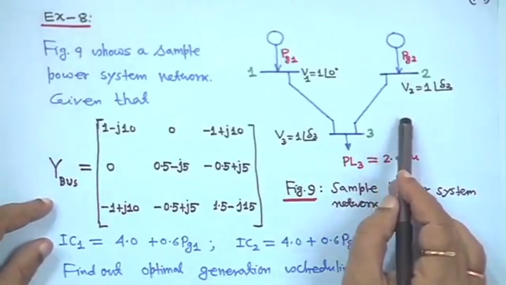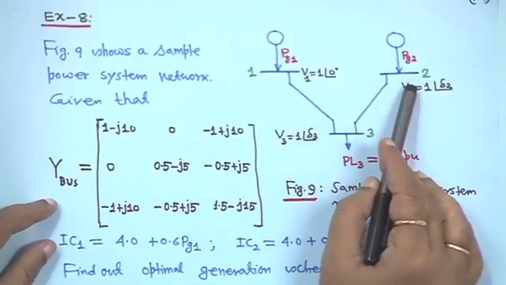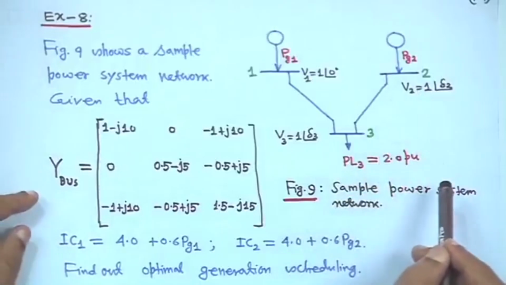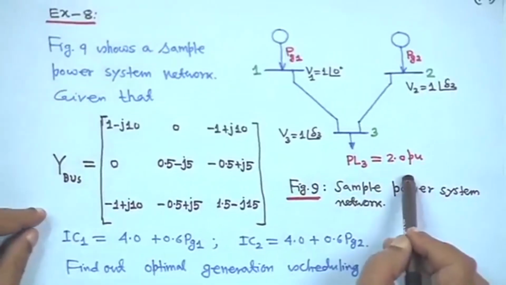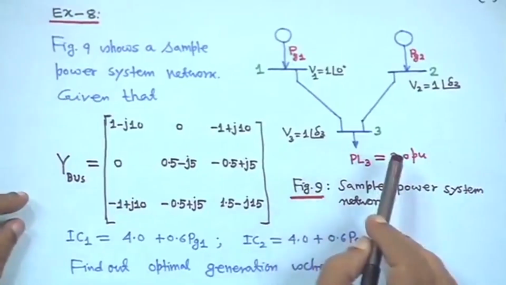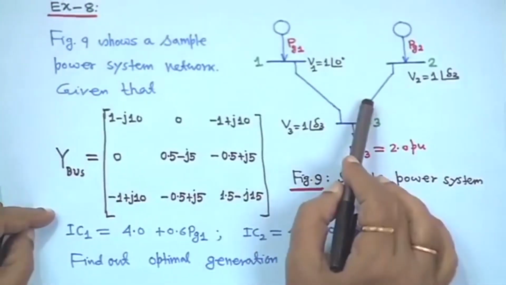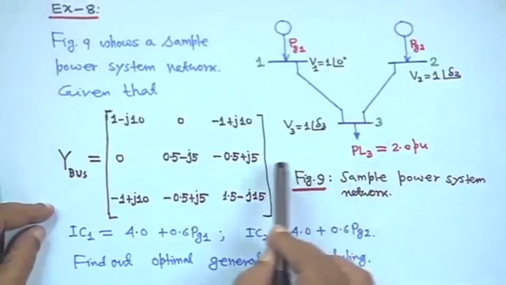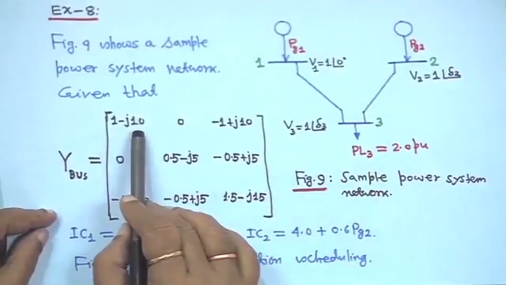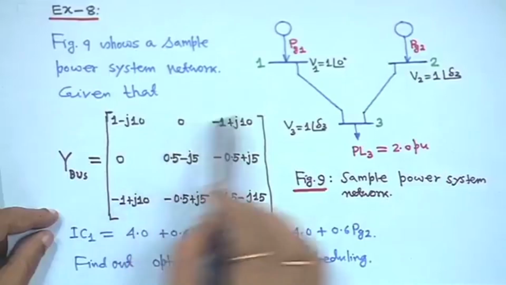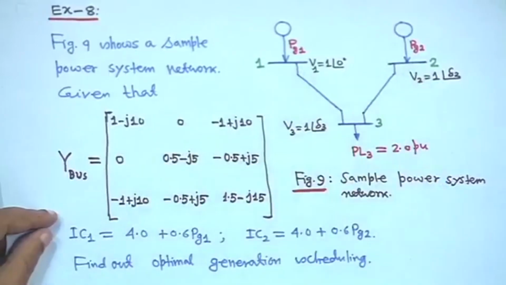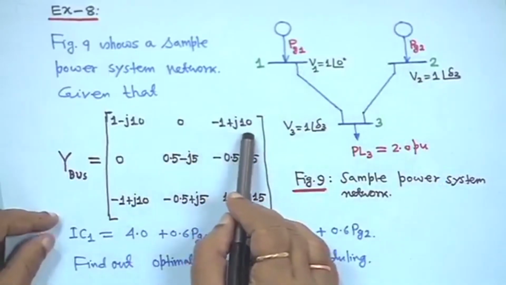So, no Q is required, and line 1 to 2 is actually not connected. And V3 is also 1 angle delta 3. The Y bus matrix is given for this network. It is 1 minus j10, then 0 for Y12, because 1 to 2 is not connected, and this is minus 1 plus j10.